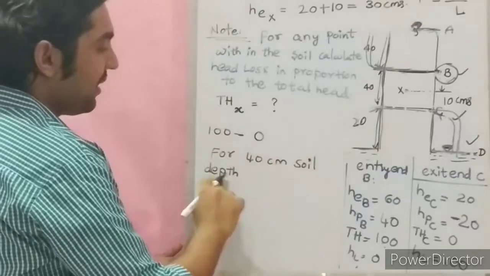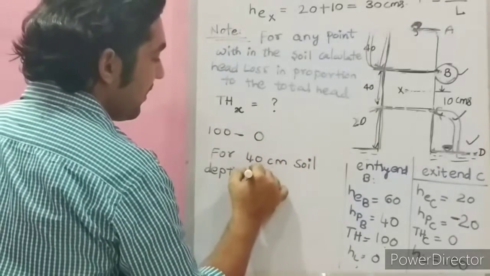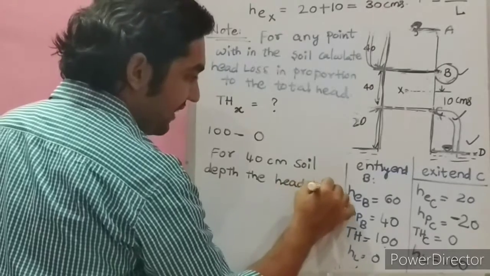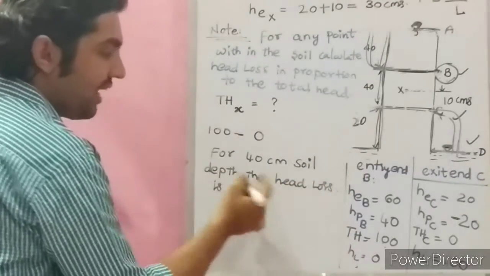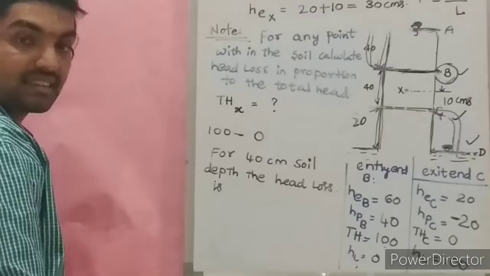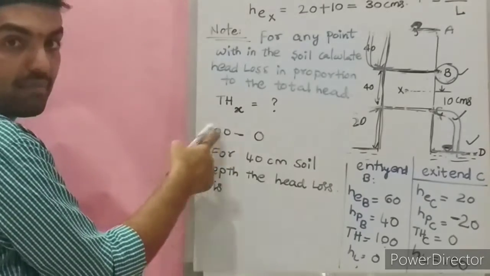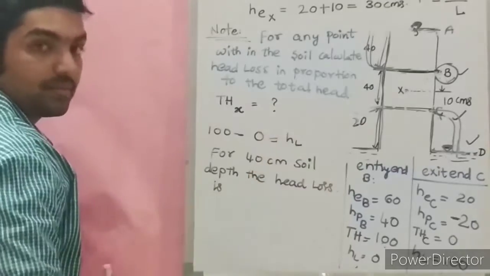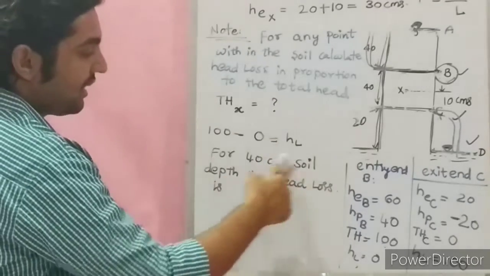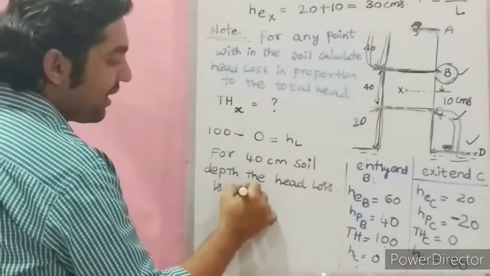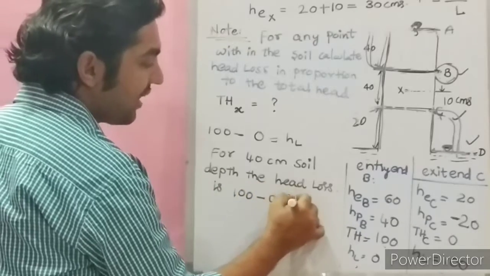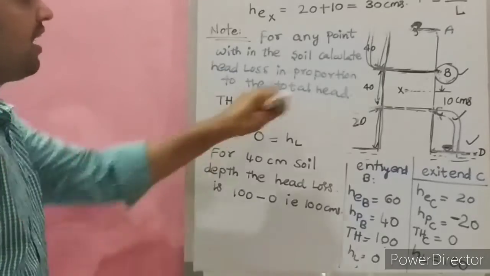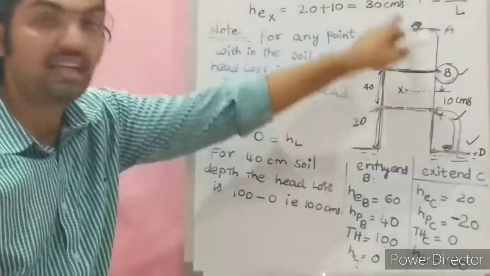For 40 centimeter soil depth, the head loss is nothing but the difference of total heads. Hence, total head at point A minus total head at point D is the total head loss. For 40 centimeter soil depth, the head loss is 100 minus 0, that is 100 centimeters.